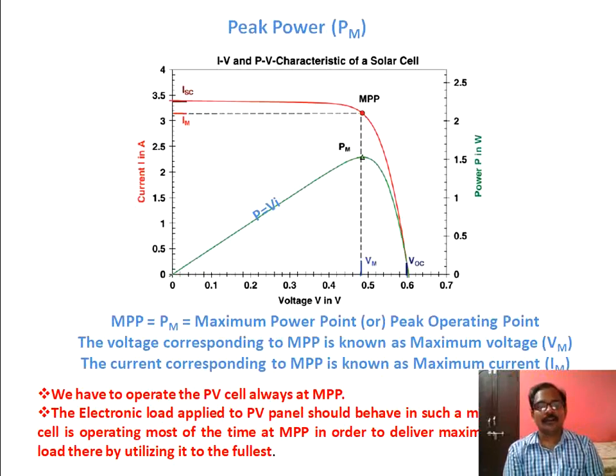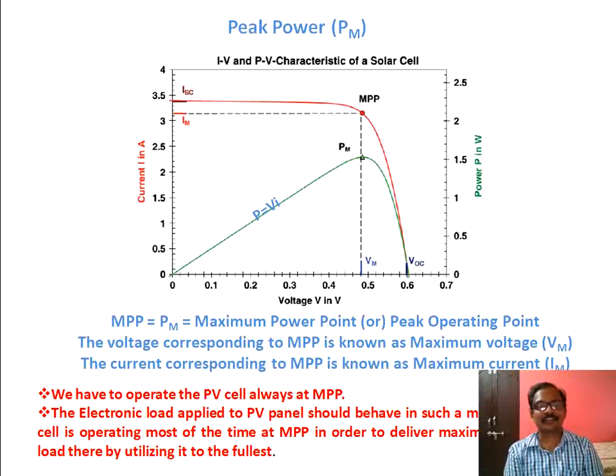Therefore you can clearly observe that PM is equal to VM into IM. PM is the maximum power drawn from the solar panel, which is the product of VM into IM. What is VM? Voltage corresponding to peak power point, that is MPP. It is also known as maximum voltage VM. What is IM?